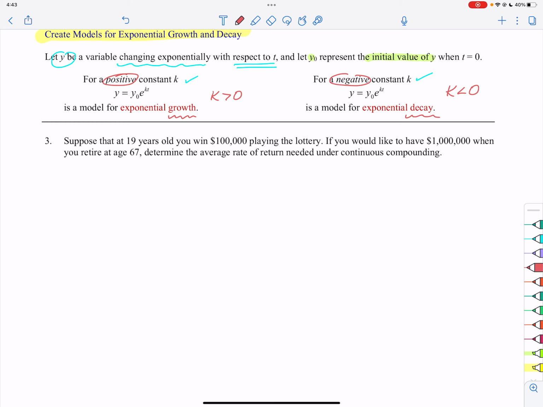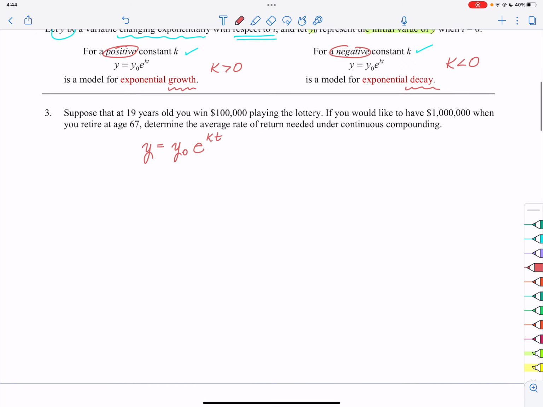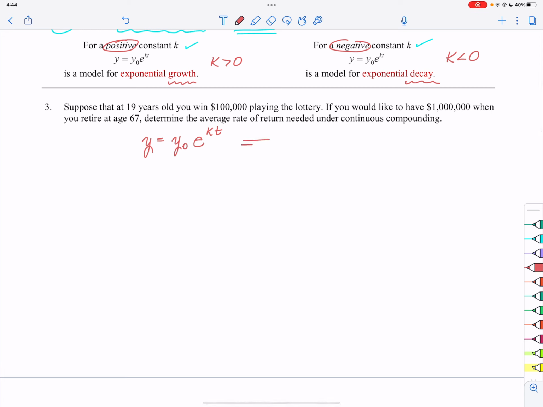Okay, so let's talk about this. We first have an amount, and we could use this y equals y sub 0 e to the kt. But we should also be thinking about our exponential growth of money, which is the amount equals the initial amount times e to the rt. So we can see this relationship.